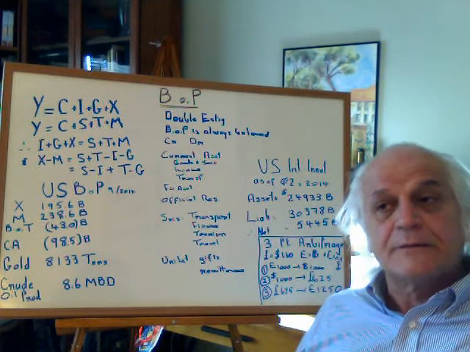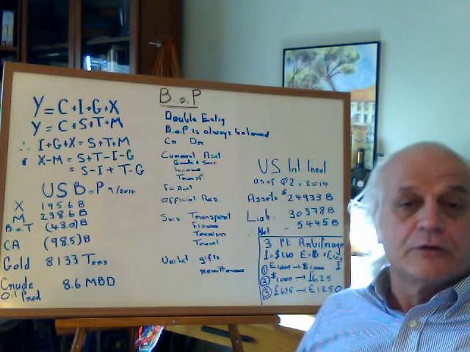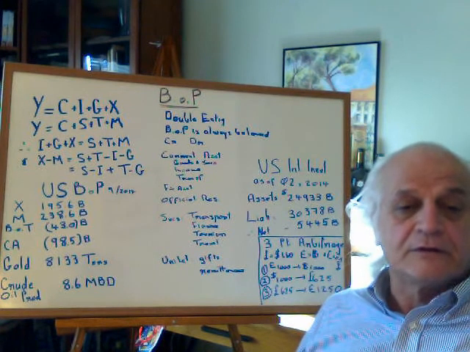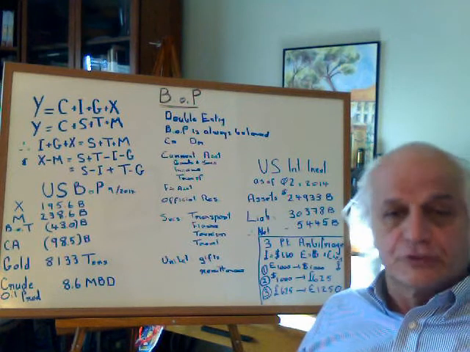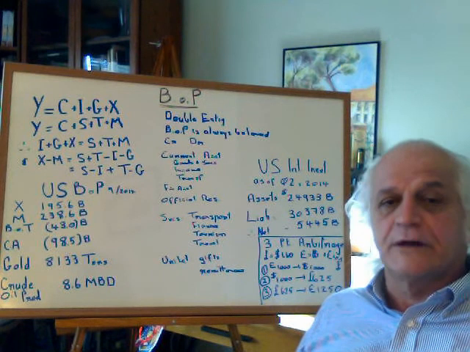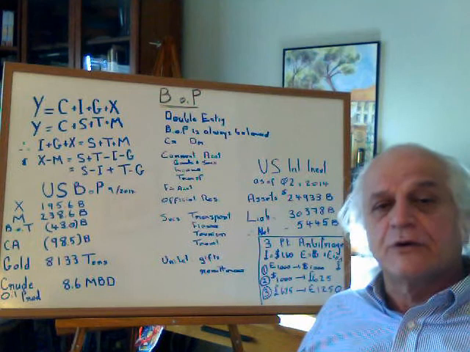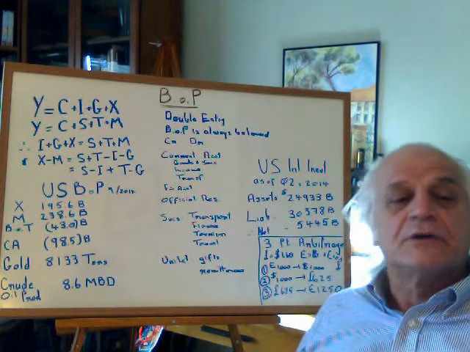But there is an item that has really grown a lot over the past, again, 2 to 3 decades, that is becoming even larger than that of grants, and that is what is known as the immigrant remittances.